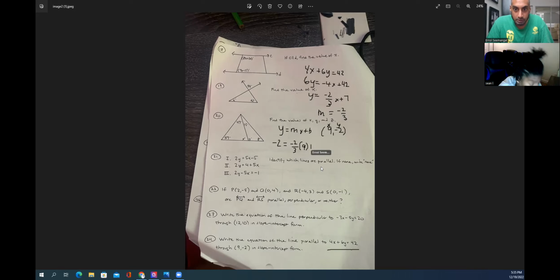We're solving for b. Let's simplify this: negative 2 equals negative 2/3 times 9, which is negative 6, plus b. So therefore b equals 4. You got the b, you got the m. Negative 2/3 times 9 is the same thing as negative 18 divided by 3, which is negative 6.